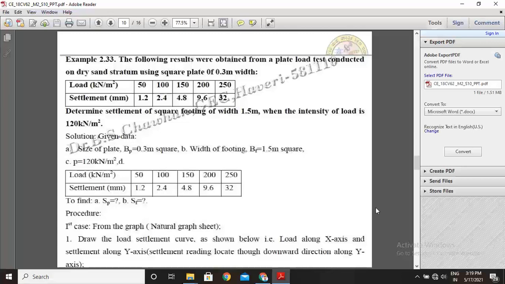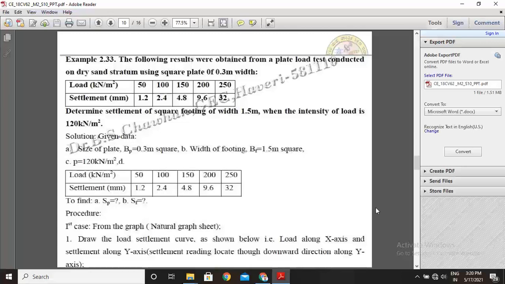Settlement in mm is given: 1.2 mm, 2.4 mm, 4.8 mm, 9.6 mm, 32 mm. Determine the settlement of a square footing of width 1.5 meter when the intensity of load is 120 kilonewton per meter square. This problem is based on the plate load test.